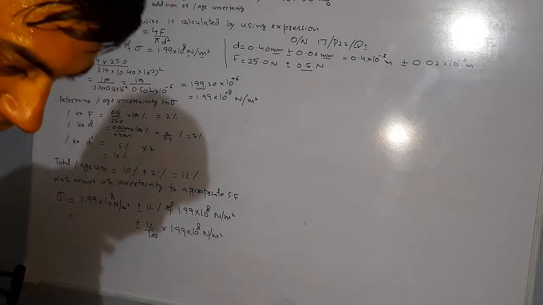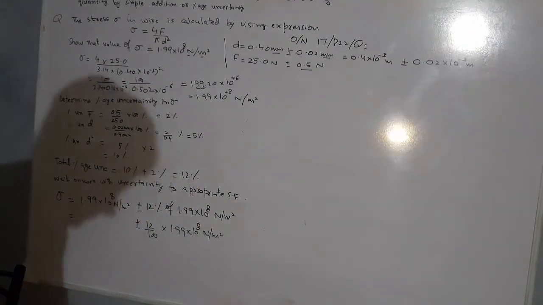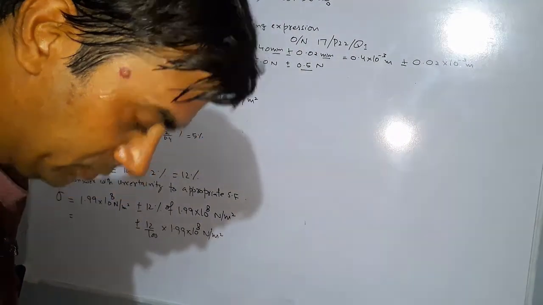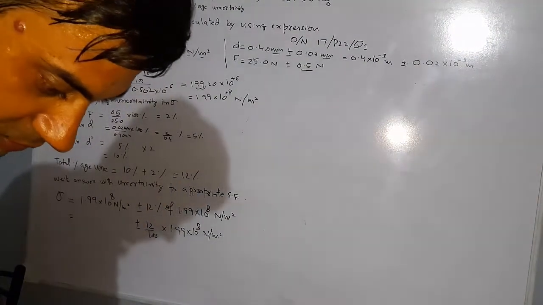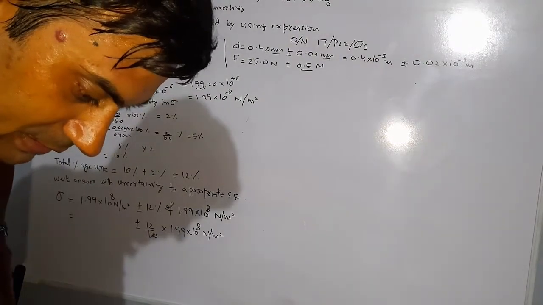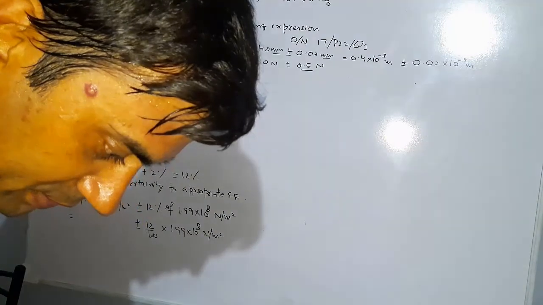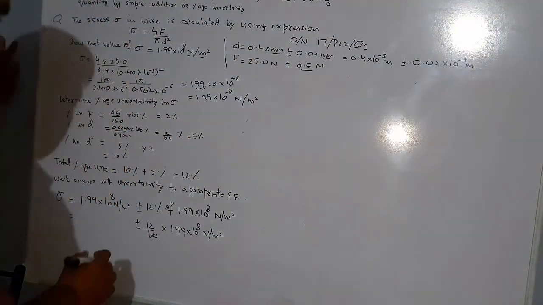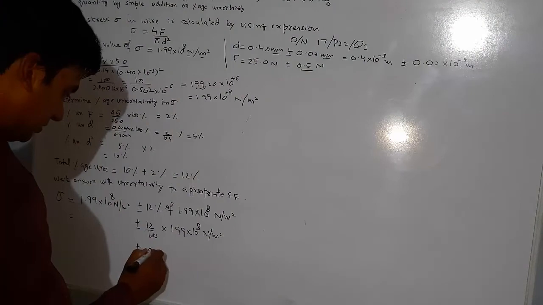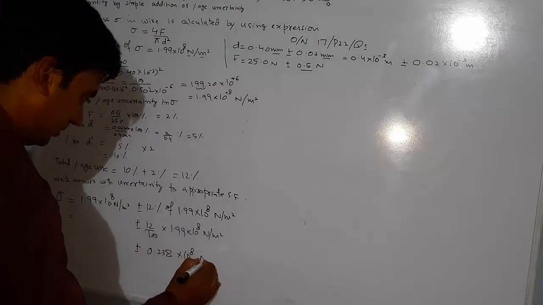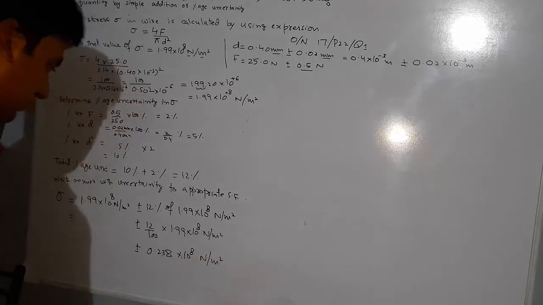So 12 over 100 comes out to be 0.12 for the 1.99, 0.238 plus minus 0.238 into 10 power 8 Newton per meter square.